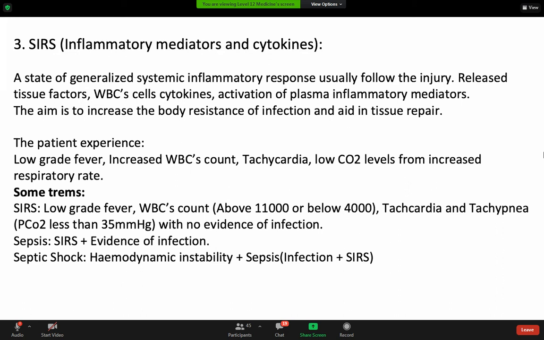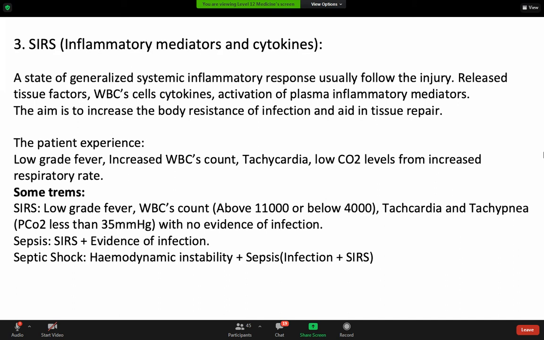This is very important terminology. SIRS alone means low grade fever, WBC count a little bit higher than normal. The patient will be tachypneic and tachycardic. This is all a normal reaction after any injury or trauma. But if the patient has sepsis, that doesn't mean SIRS. That means SIRS plus infection.